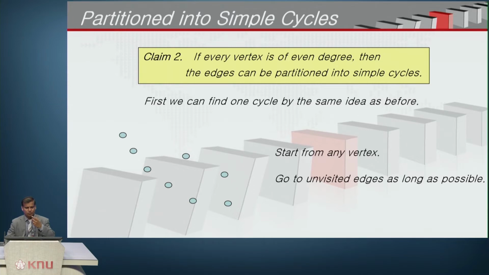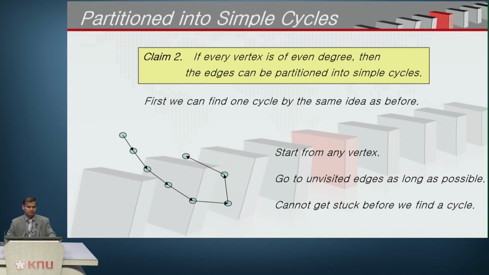Here is one of the sample graphs. We have 8 vertices there, and as you move forward from one vertex to the other, we cannot get stuck before we get a cycle. Here we have already connected all the vertices, but at this point is where the cycle is formed.